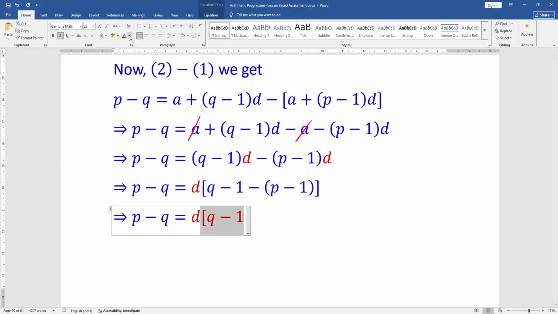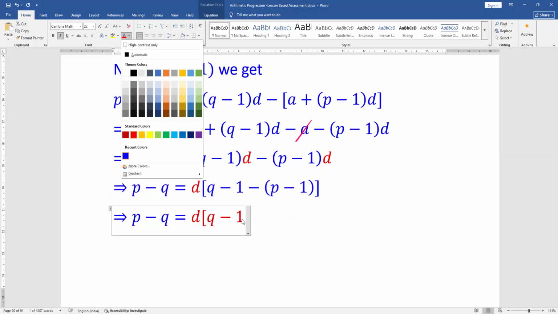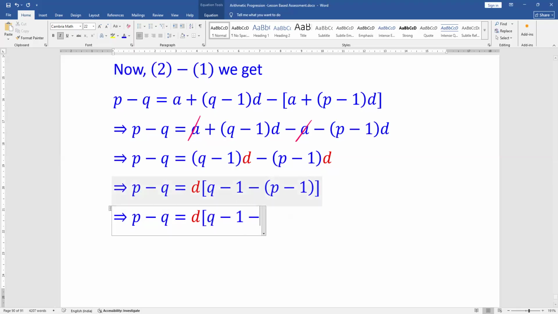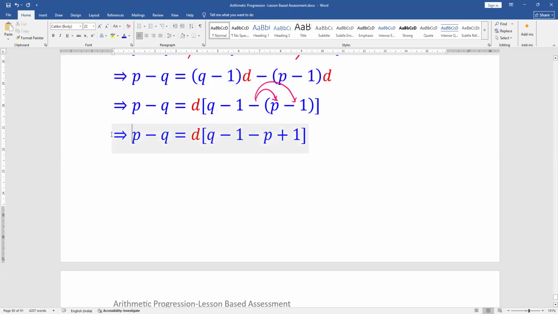Minus, open the bracket. Minus into P is minus P, minus into minus 1 is plus 1. So I write P plus 1 and close it. In our next step, I write P minus Q equals, T will be as it is.